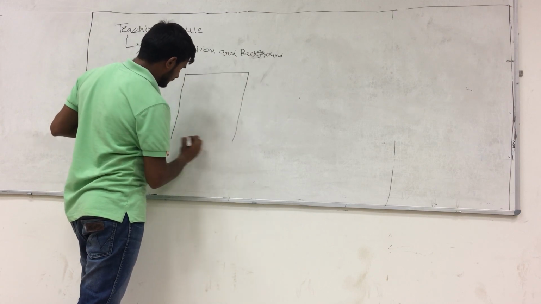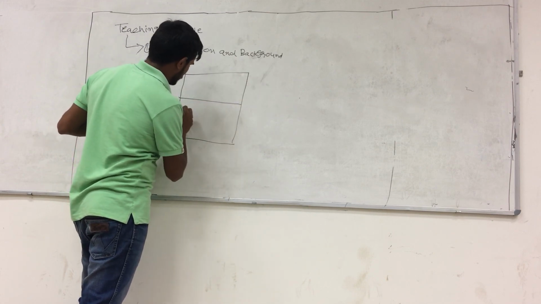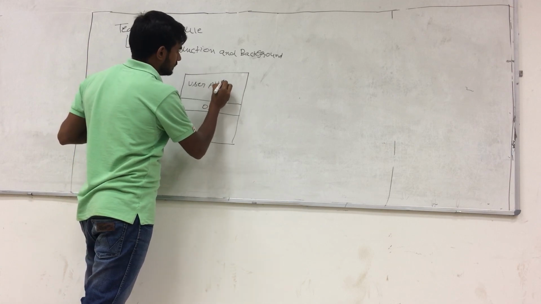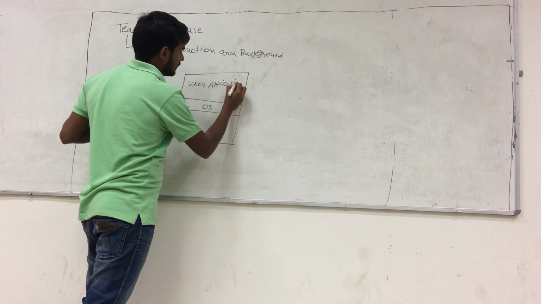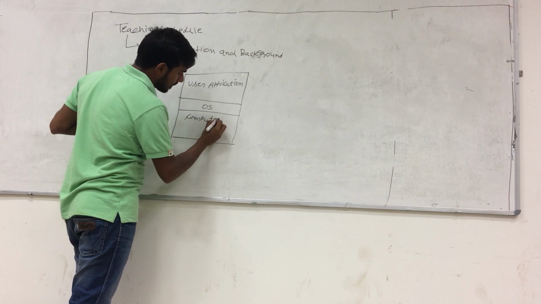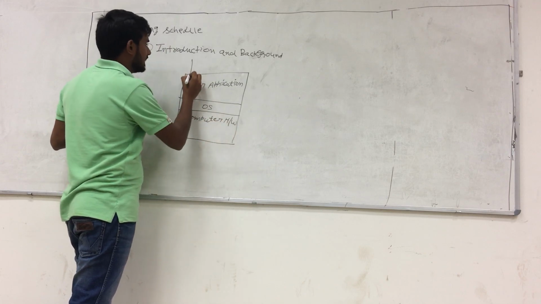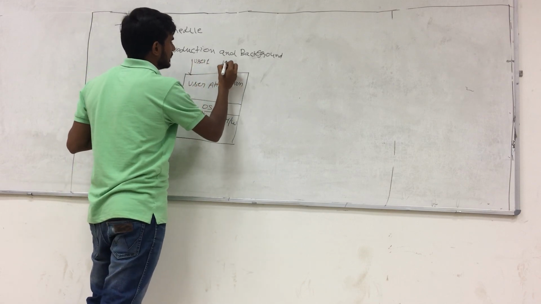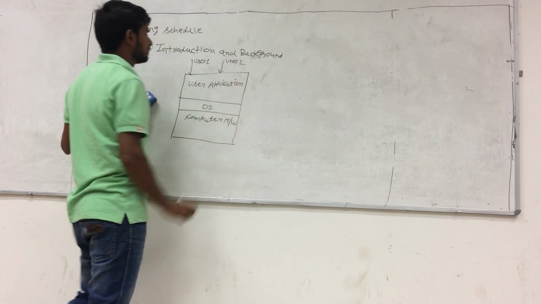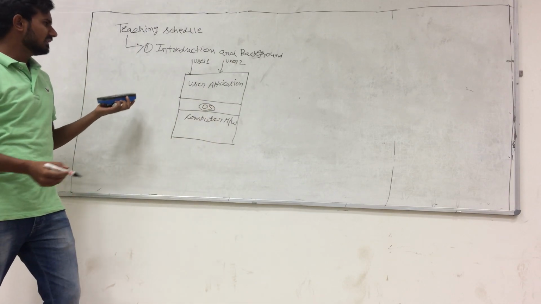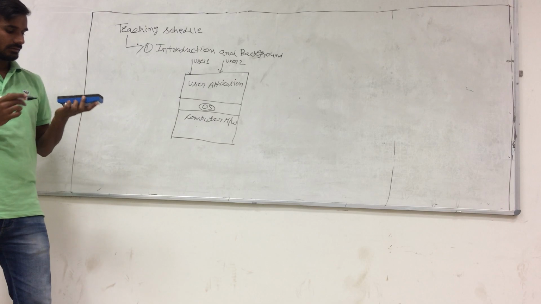We can see with this figure: operating system, user application, computer hardware. In user application there may be multiple users, user 1, user 2, maybe multiple. So we can say operating system is an interface between user application and computer hardware.